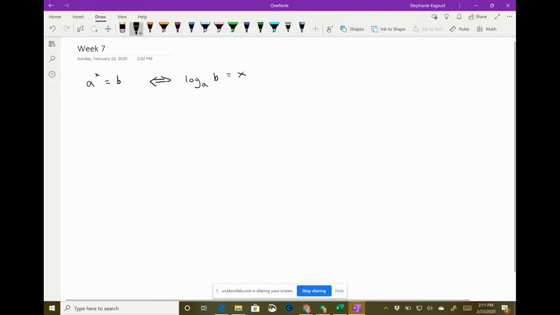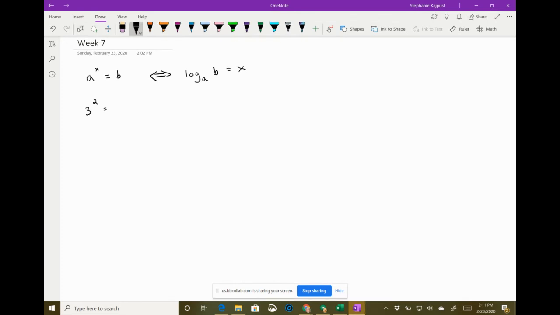So an example of what this might look like if you actually had some numbers. If you had 3 squared, we know that 3 squared is equal to 9. If you were to rewrite that using the logarithm, you would say the log base 3 of 9 is equal to 2.